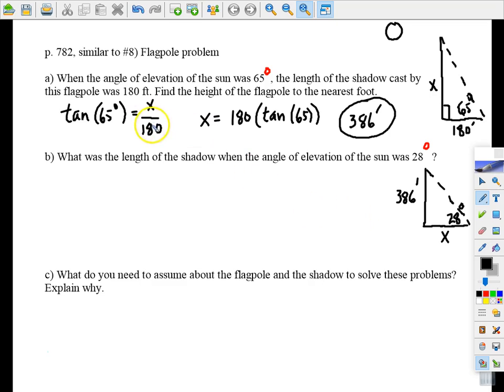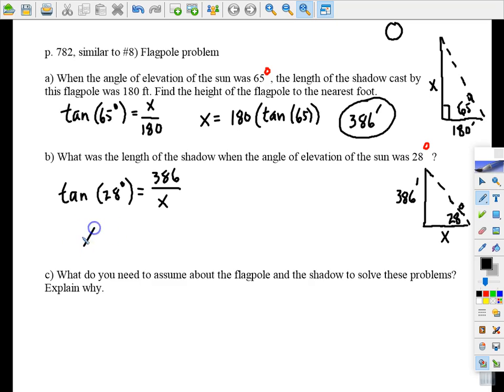And you can use the same trig ratio. Of course, we have opposite over adjacent. So if we do tan 28 degrees, the opposite side is 386, and the adjacent side is what we're looking for.